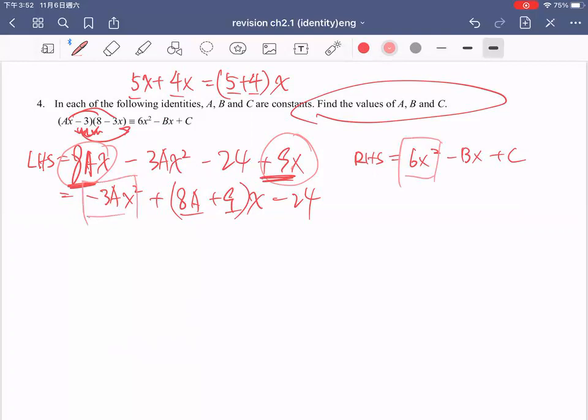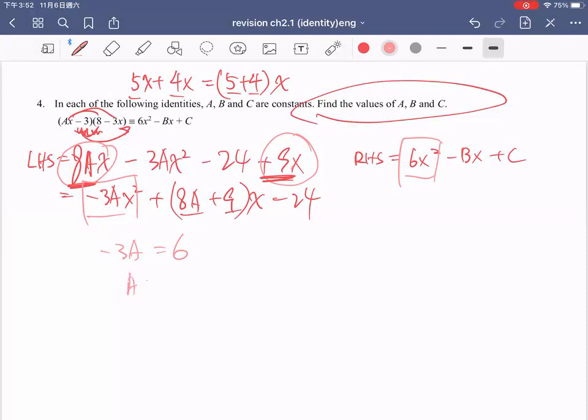So we have negative 3a is 6, because on the left hand side, we just have negative 3ax squared, and on the right hand side, we just have 6x squared. So remember, before you compare the coefficients, you need to collect all the like terms first, or you mix up all the things. Okay, so we have negative 3ax squared is 6x squared.